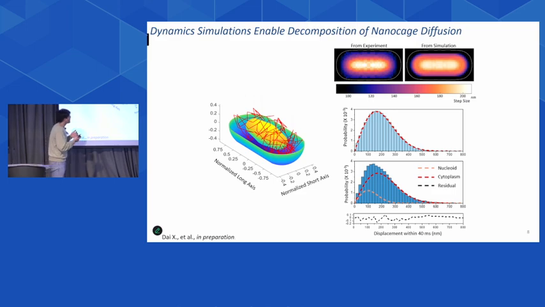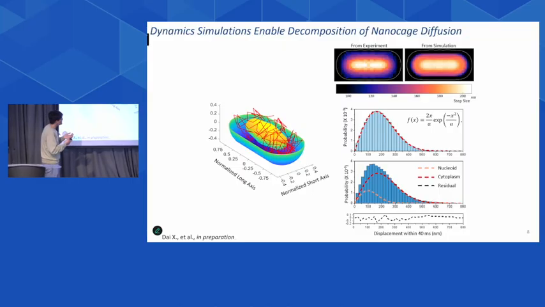And now we can extract the step size from the center region to get the dynamic property of the population when nanocage diffuse above and below the nucleoid. And these step size distributions actually follow a Rayleigh distribution. Similarly, we can extract the step size from the experimental map to get this one.